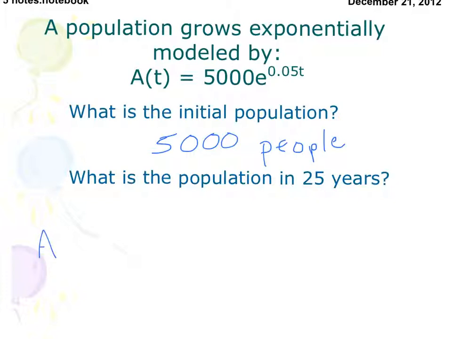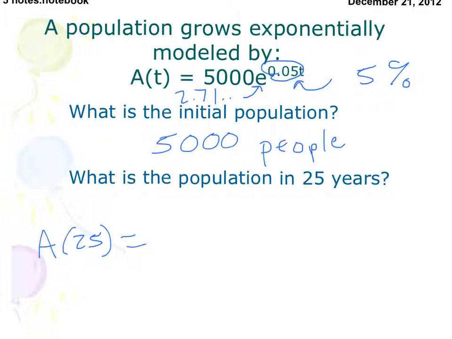The population in 25 years just involves evaluating at 25. I just want you to see here that the growth rate is 5%, and notice that we don't have to make it 1.05. That's because we're using e as the base. e is like 2.71, so we already have a base that's bigger than 1. This is a growth model. If we wanted to make it a decay model, we would make the rate negative.